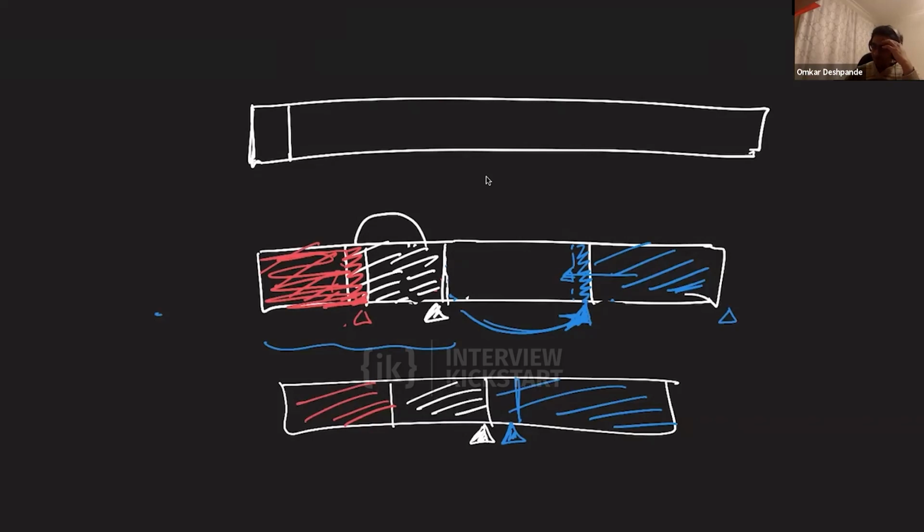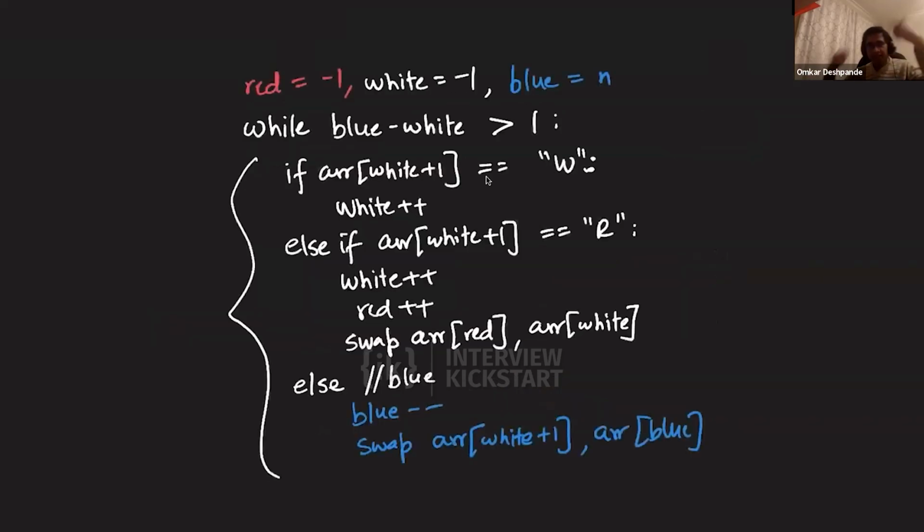In the next step, we will look at what that value is and then decide what to do with it. In case one and case two, we shrink the rectangle from the left end by one because the white pointer is incremented. In case three, the blue pointer is decremented, so we shrink the problem size by one from the right end.